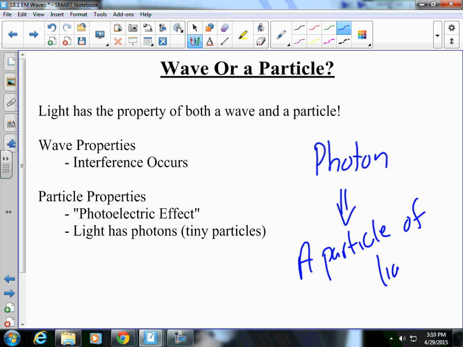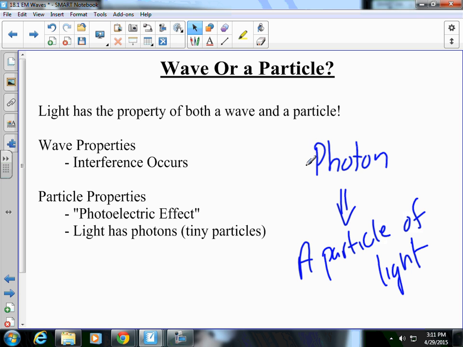So light that we can see is a type of electromagnetic radiation. It's just one of the 7 different types. But light can travel as a photon, as a particle, or as a wave, and we're going to talk about both of those later in chapter 19.